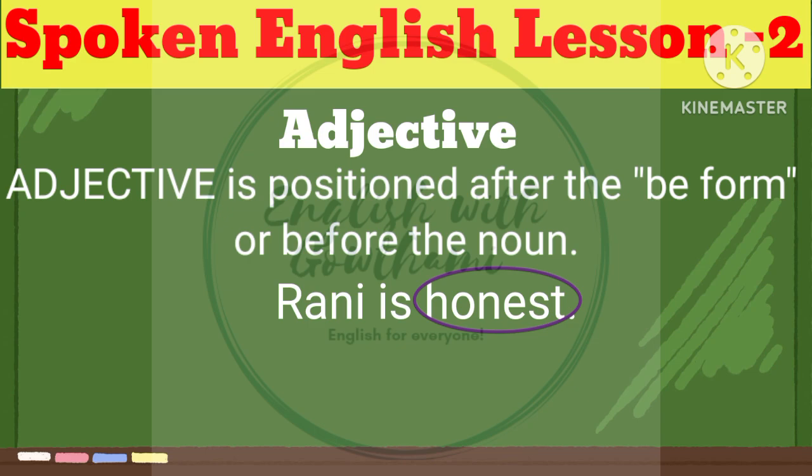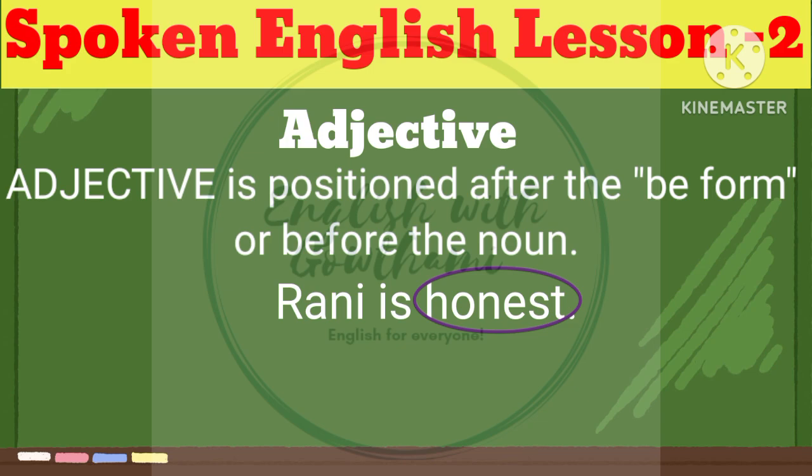The word honest is used to describe more about the noun, how Rani is. It is describing more about the quality of Rani. So honest is an adjective and it is positioned after the be verb. Rani is the noun, is is the be form, and honest is the adjective. You need to remember that is is the linking verb.